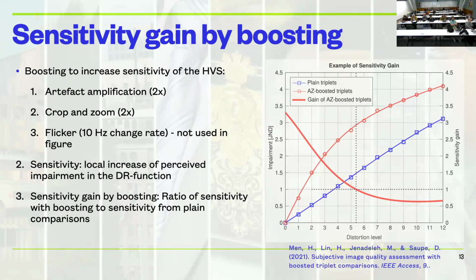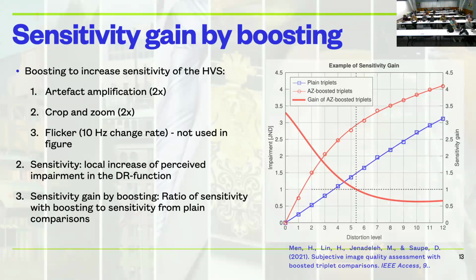So the blue curve is kind of what you would get without any boosting, artifacts side by side. And then we apply 2 of these 3 boosting types, namely amplification and zooming and no flicker. And then we get the red curve. And we can see the red curve initially is steeper than the blue curve. And that's the bonus of the amplification.